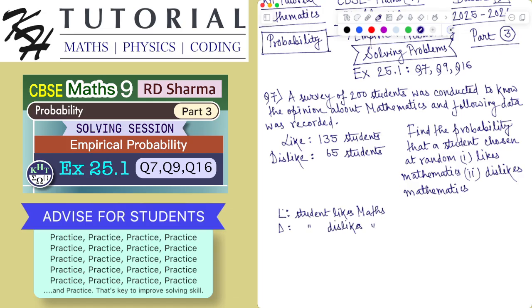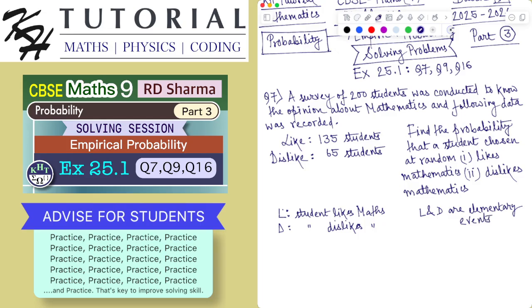Now clearly the events L and D are elementary events, meaning that these two events are all the possible outcomes of a trial.